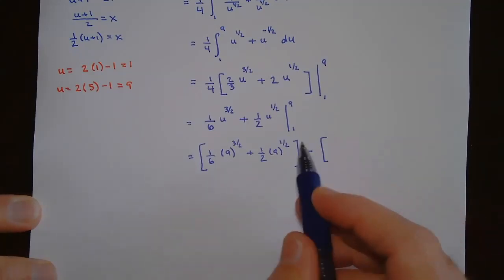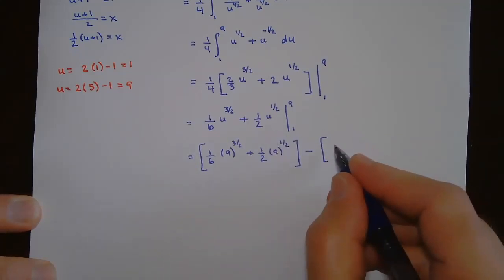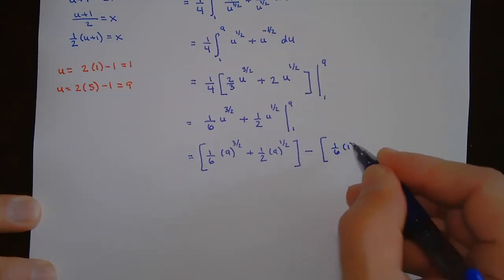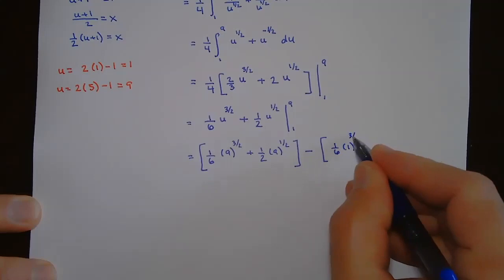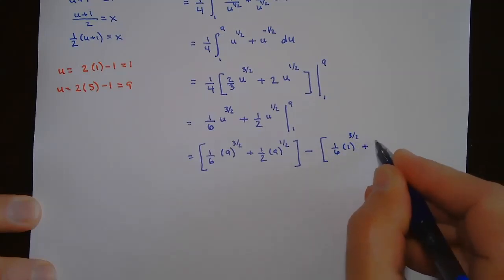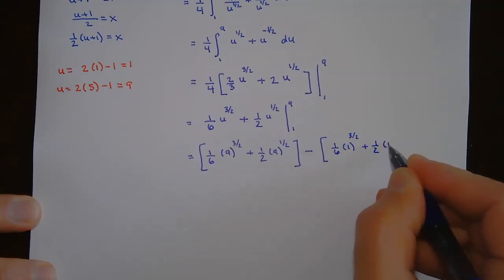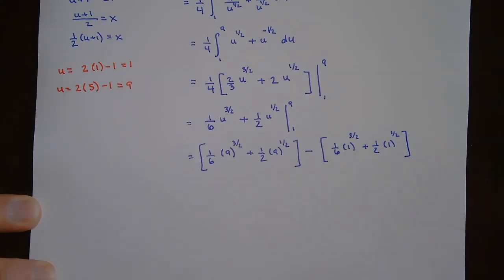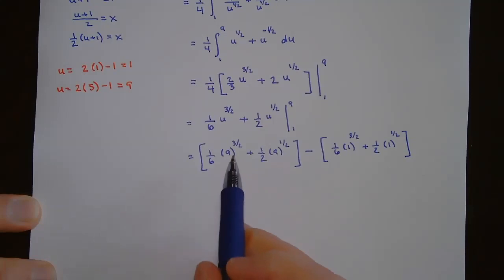All right. So now we're going to put 1 in. So this is going to be 1/6 times 1 to the 3/2 power, plus 1/2 times 1 to the 1/2 power, and close the bracket. What do fractional exponents mean? The bottom number, the denominator, that's the root, and the numerator is the power.